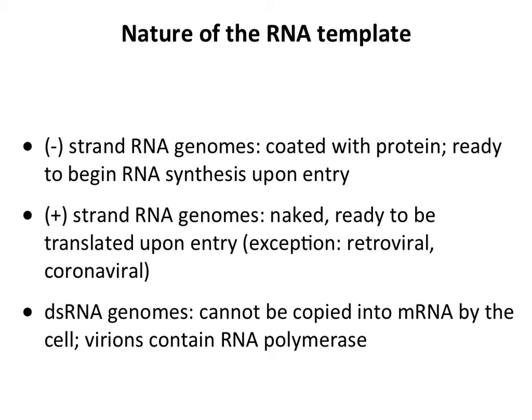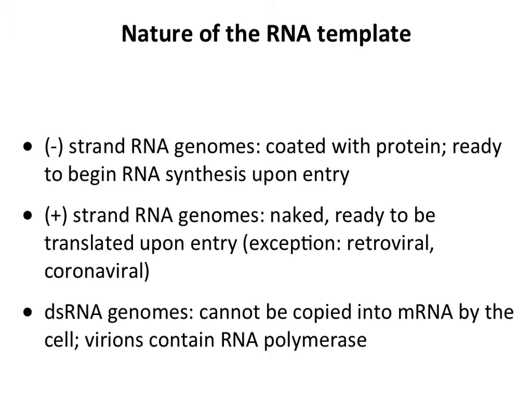So the proteins include usually a nucleoprotein of some sort, like the nucleoproteins that build those helical capsids, but they also have polymerase enzymes associated with them and some other proteins that are needed as well. So as soon as those RNAs come in, they're ready to start making mRNAs. So they're really not naked RNAs, they're ribonucleoprotein complexes.